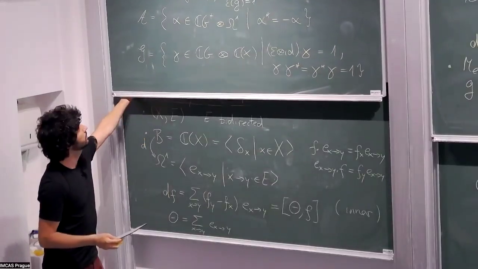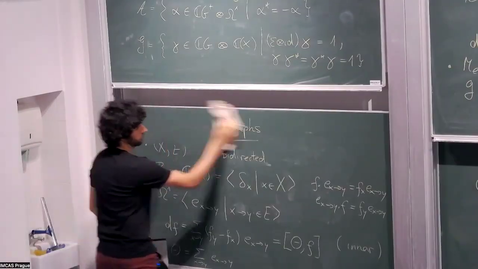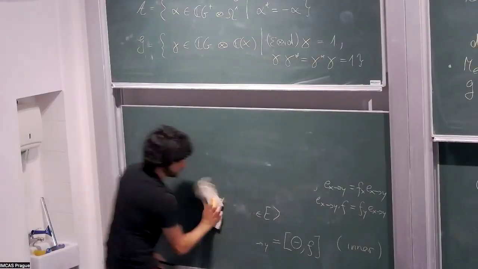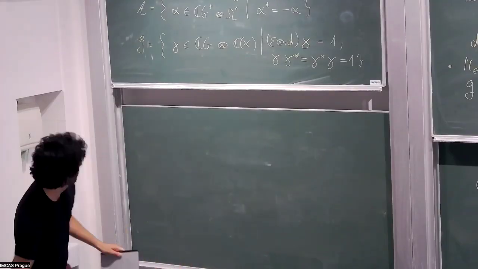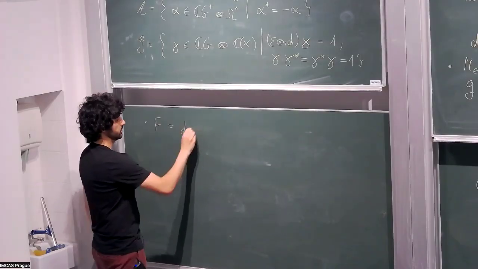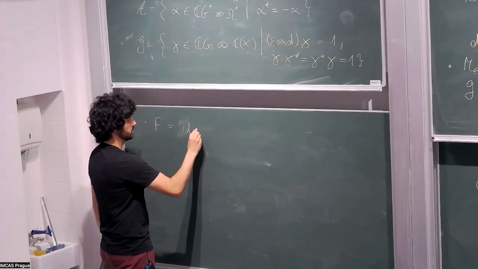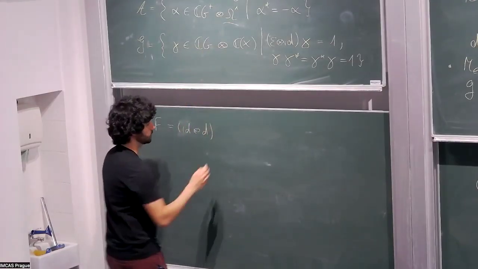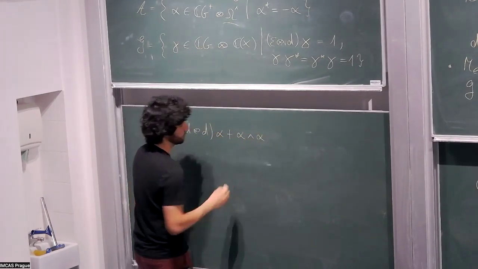Having this, we can define the curvature of this form and its holonomy. So the curvature here would just be a 2 form that is defined like this: identity tensor d, where d is the differential on the base, so on this omega 1, applied to alpha, plus just the wedge product of alpha with itself.